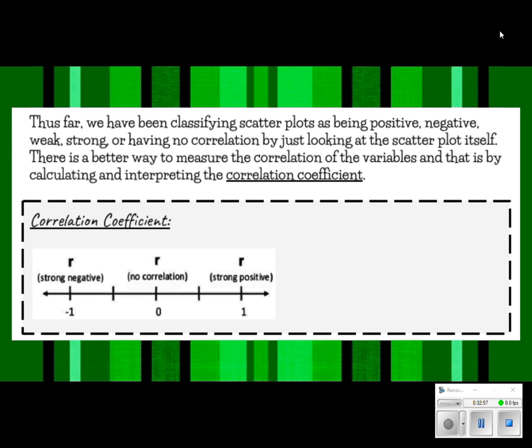All right, so thus far we've been classifying scatter plots as being positive, negative, weak, strong, or having no correlation just by looking at the scatter plot itself or even thinking about the situation. But there's a better way to measure the correlation of variables and making that determination, and it's by looking at an actual number. It's called the correlation coefficient.